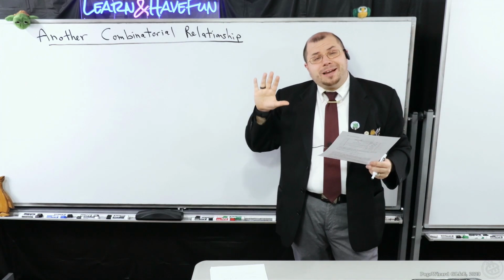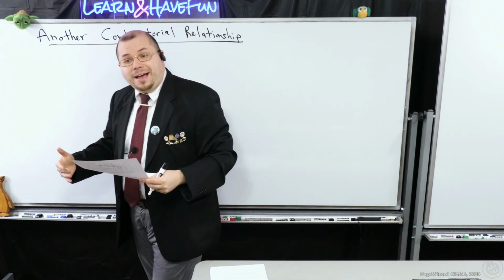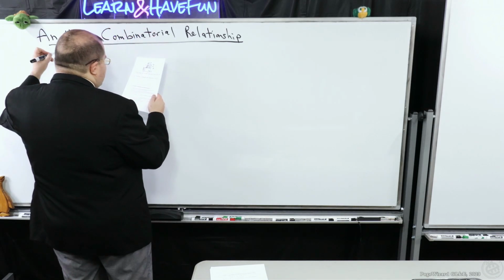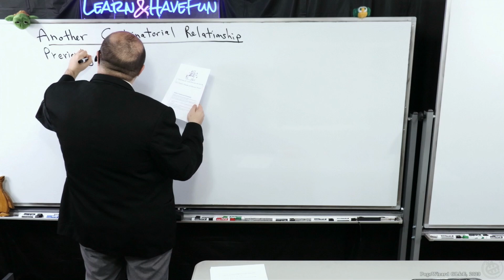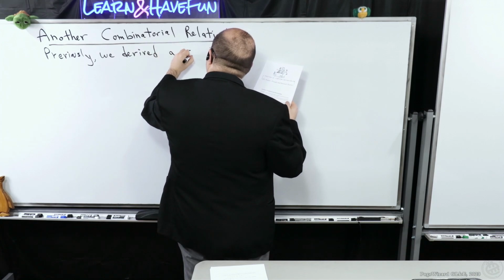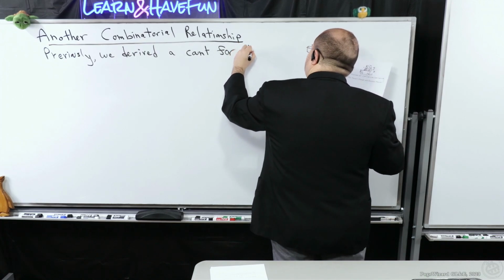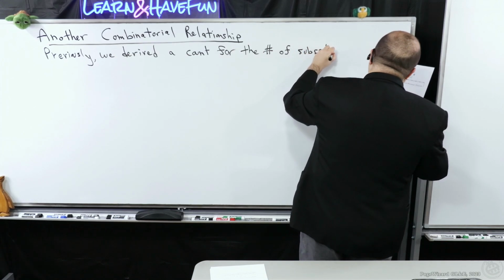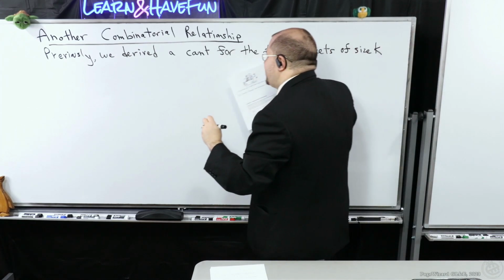There's actually a relationship that I suggested to you previously that I want to now spell out more explicitly as an actual true property that does exist. So previously, we derived a count for the number of subsets of size k from a set of size n.